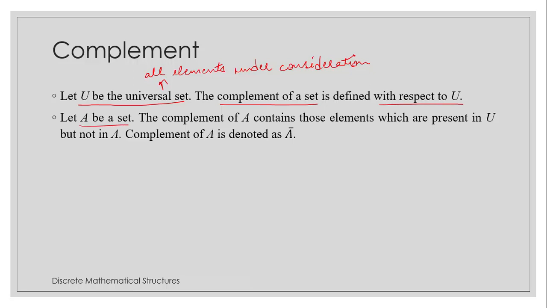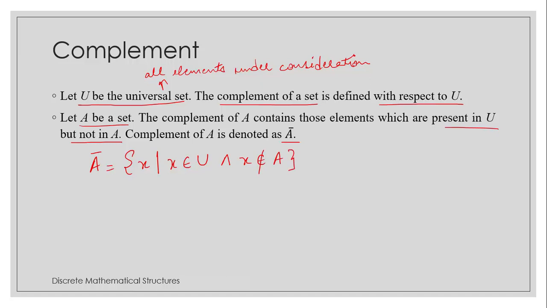Let A be a set, then complement of A contains those elements which are present in universal set but are not present in A. So complement of A is denoted as A bar. So we can say that A bar is a set containing x such that x belongs to universal set and x does not belong to A.